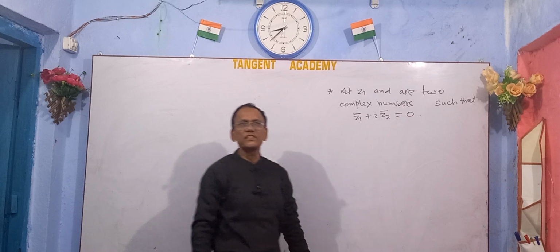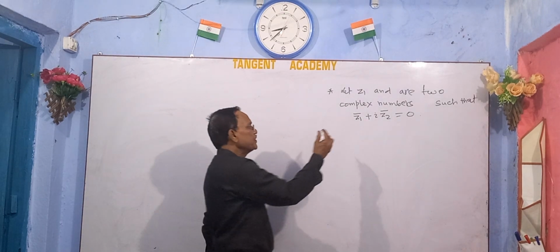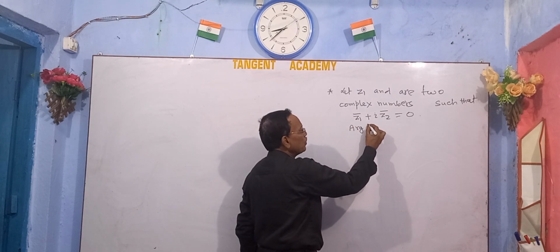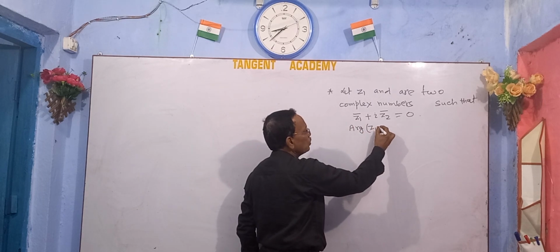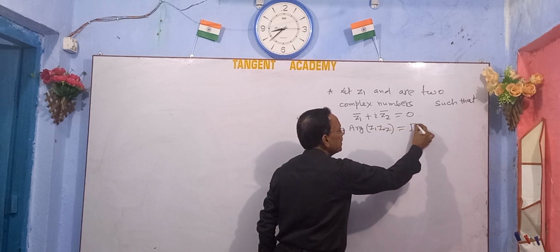This is the first condition given. And the argument of Z1 Z2, the argument of the product of both the complex numbers, is given as pi. These are given.